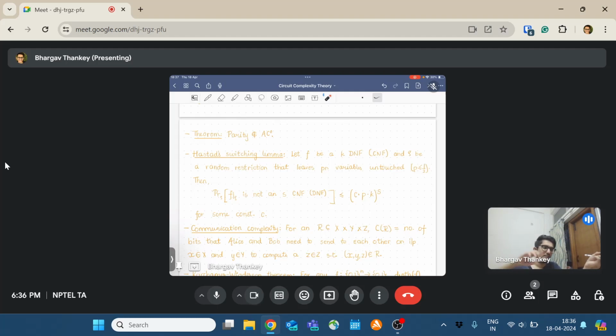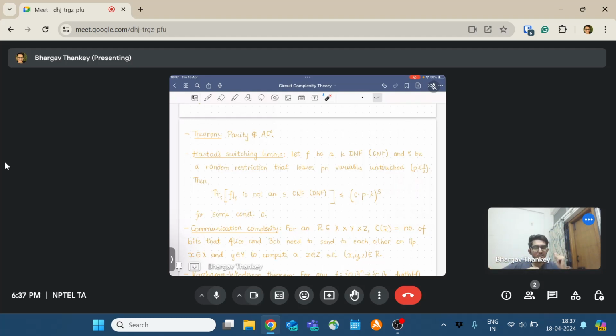Using this, let's say you have a circuit of the form AND of OR. By applying a random restriction to this, you can convert it to an AND OR circuit, and so the entire circuit becomes an AND OR circuit. So by applying a random restriction, what you've essentially done is reduce the depth by 1. You can do this repeatedly.